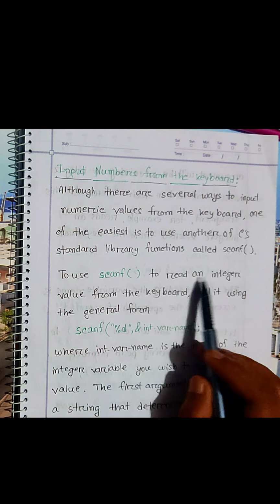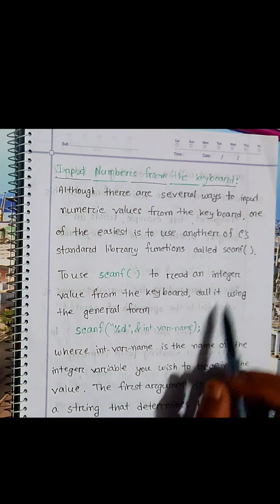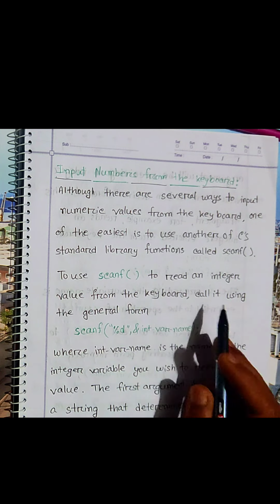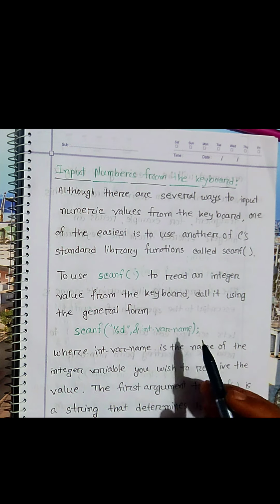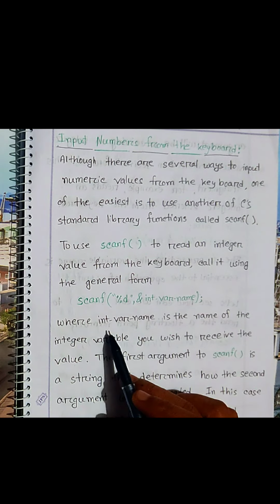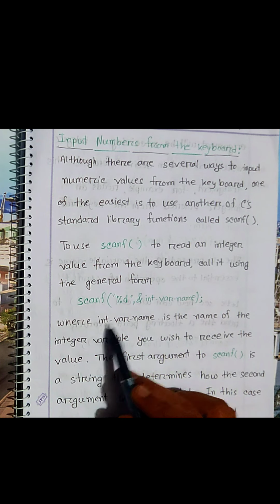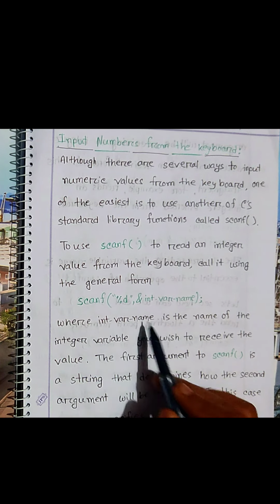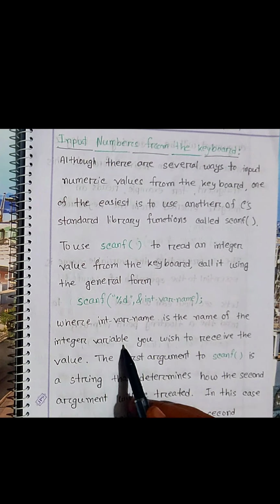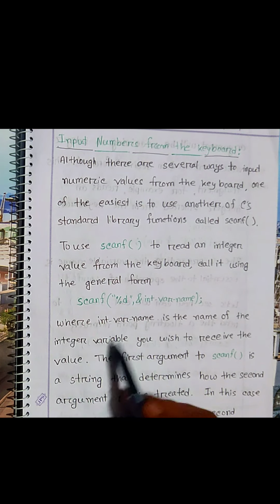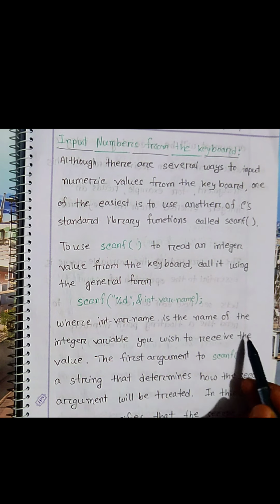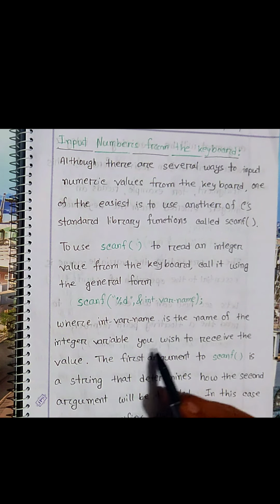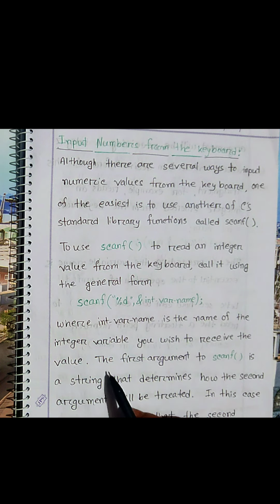As I said before, to read an integer, that's why here the data type is integer, and I will put the variable name if I want to write code, where int is the integer variable name, the name of the integer variable you wish to receive the value in.